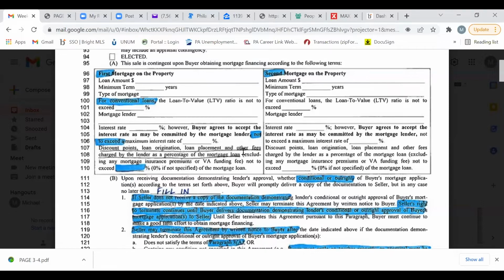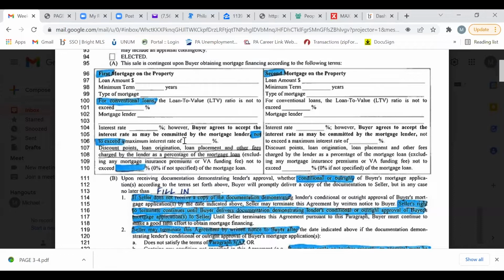Part B. I'm sorry, let's go back. The interest rate percentage, in the box there, line 104, interest rate percent. However, buyer agrees to accept the interest rate as may be committed by the mortgage lender not to exceed a maximum interest rate of blank. So typically what you want to see there is a spread, okay?